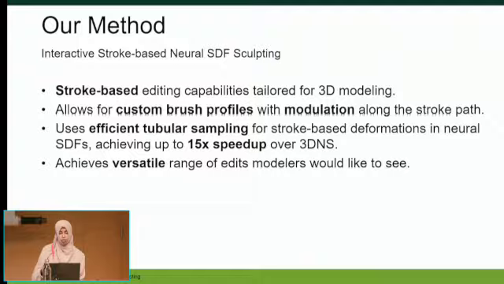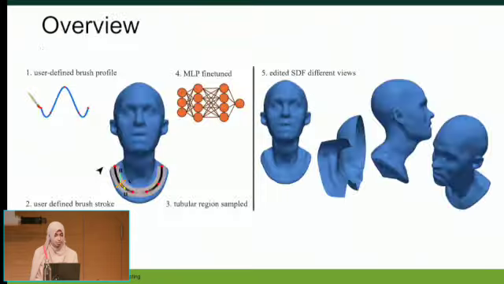Second, we do this in an efficient manner, which, when we compare to a 3D-NS implementation, gives us a 15 times speedup over it. And the advantage of this formulation is that we can achieve some versatile range of edits that a modeler would be interested in. So the method is very simple.